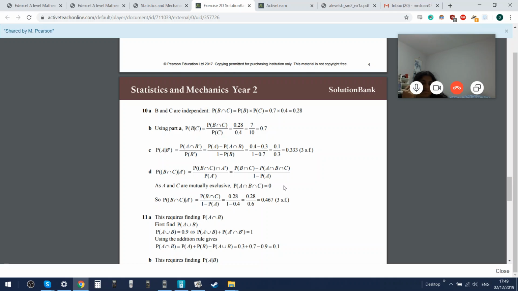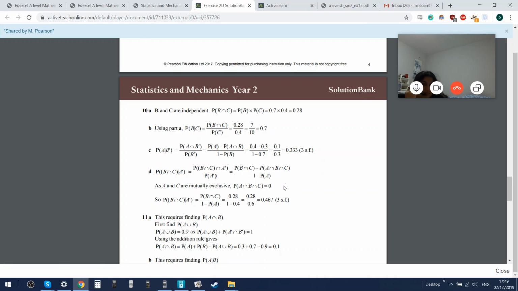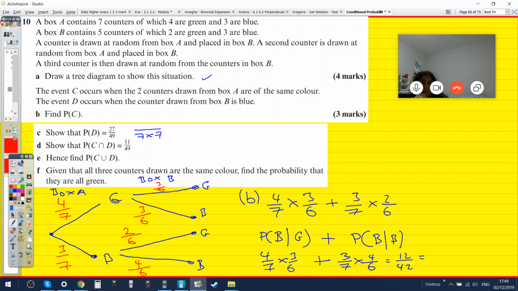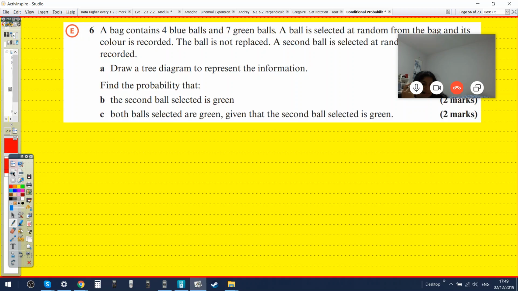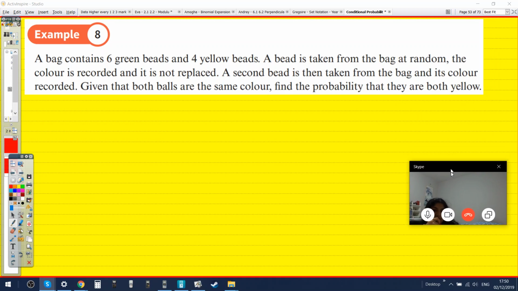B and C are independent. Unfortunately, I'd have to find it. Oh, no, we have to do this. Okay, back. Tree diagrams. I don't even know these.